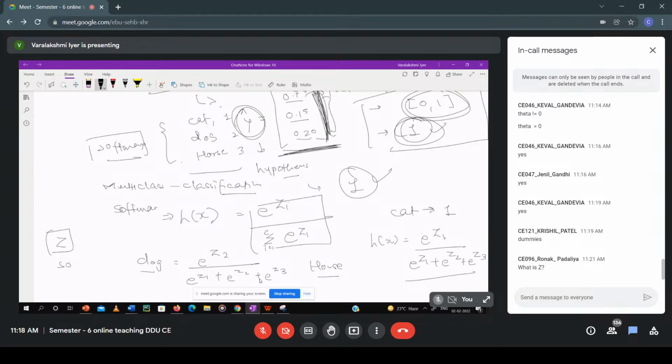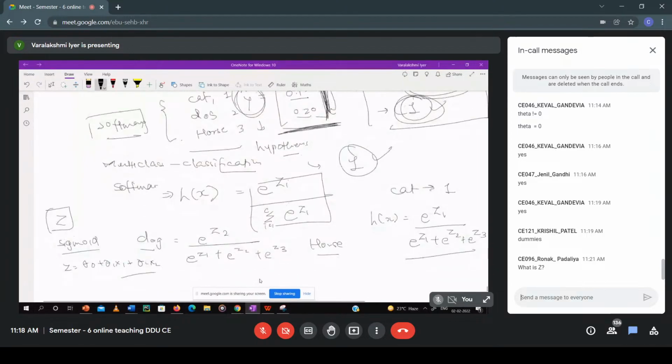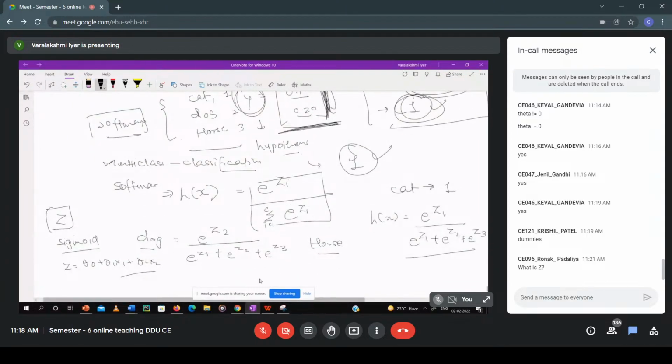If you recall, in the case of the sigmoid function, what was z? Z was theta 0 plus theta 1 x1 plus theta 2 x2. Similarly, here also we have z1, z2, and z3, which is the weighted summation of all the parameters. Sorry, the weighted sum of all the features will be your z.